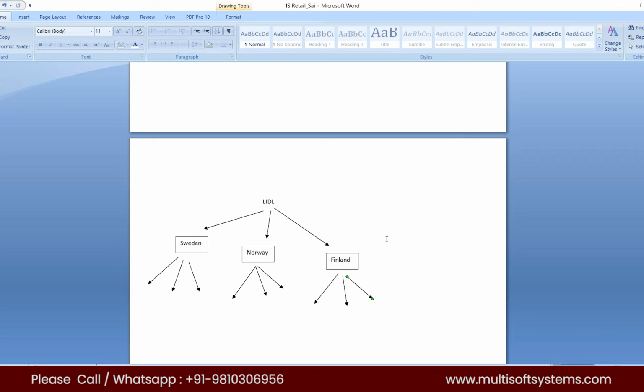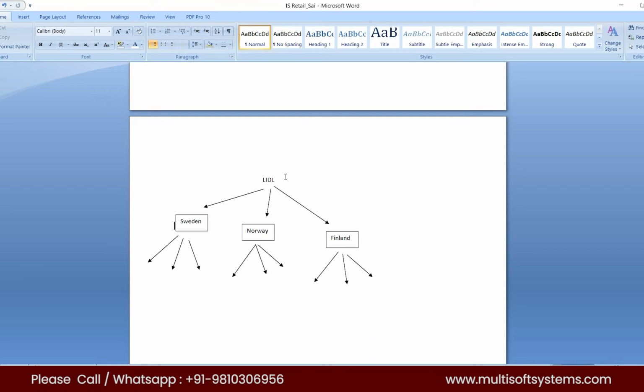This is how the organization structure will be. We will go through the organizational structure first, and then we will go through the material master processes. That's when you'll be able to understand. When an organization decides to sell something in a specific distribution chain, that is applicable for all of the underneath organizational structures.